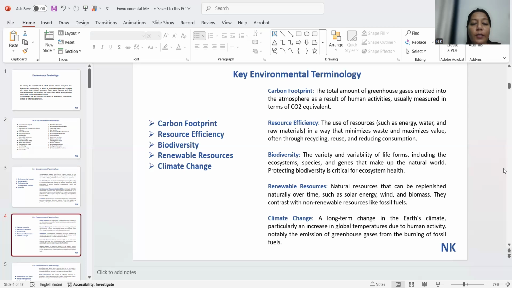Renewable resources are natural resources that can replenish naturally over time, such as solar energy, wind, and biomass. They contrast with non-renewable resources like fossil fuels. Climate change is the long-term change in Earth's climate, particularly an increase in global temperature due to human activities, and notably the emission of greenhouse gases from the burning of fuels.